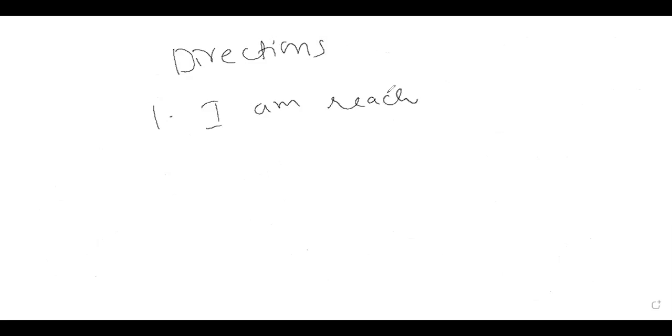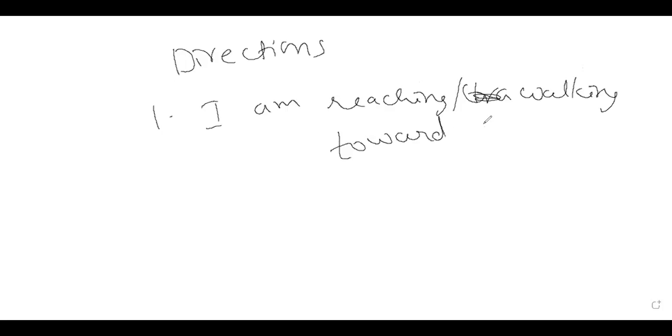Now, let's look at directions. So, the prepositions which present the directions. For example, if I say, I am walking towards the market, here this preposition talks about where, towards, direction.